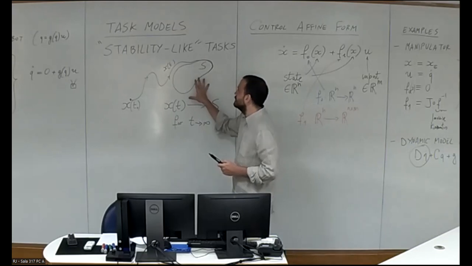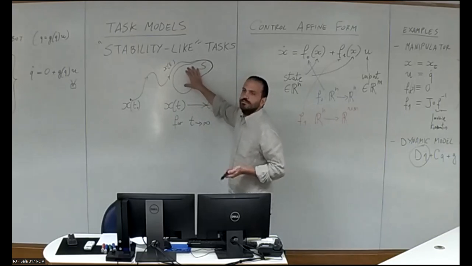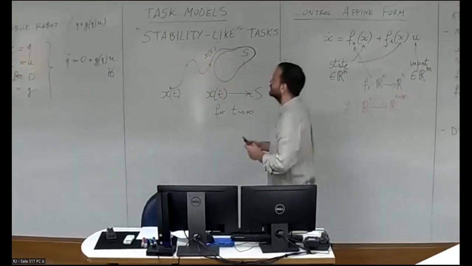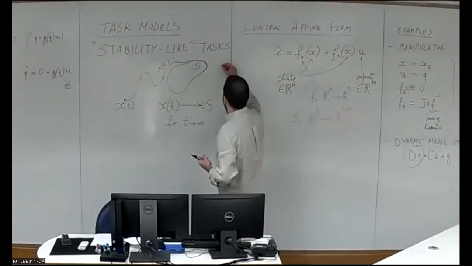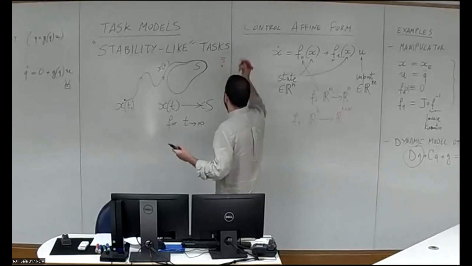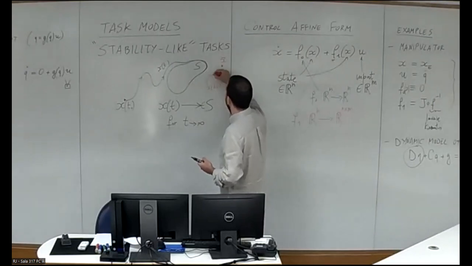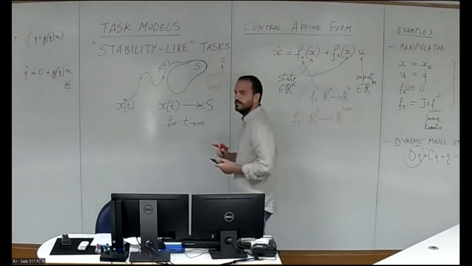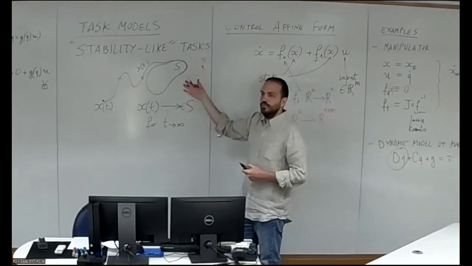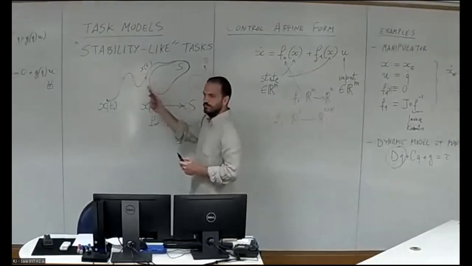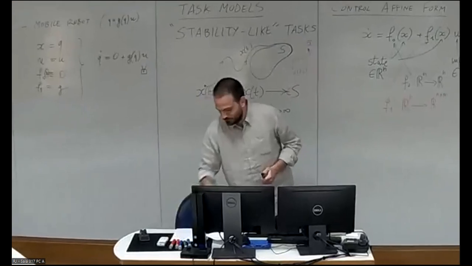That's literally the same, but in this case, S is a set. Right? The asymptotically stable point is x bar. X of t starts at t0 and then goes to x bar as time goes to infinity. That's the analogous for a generic case.